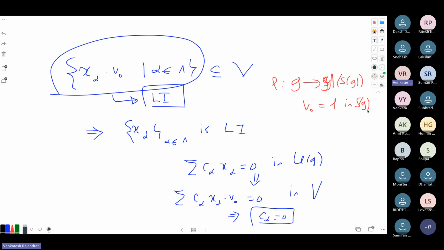Okay, and it's not that you do this only for an algebra, you can also do it for the representation itself. Then you will be constructing some other space on which the representation will act.